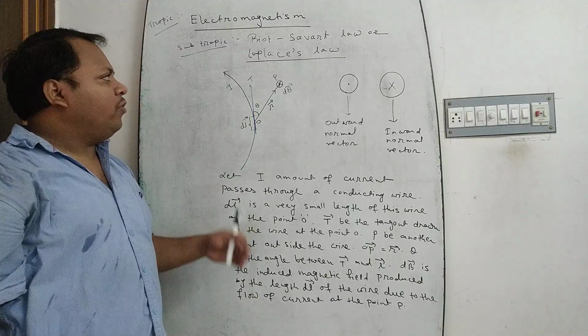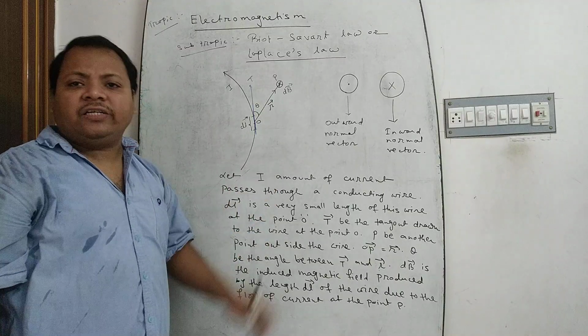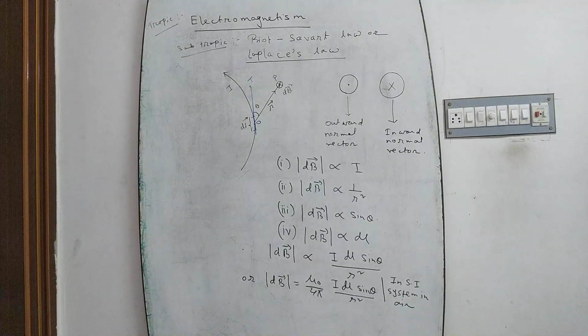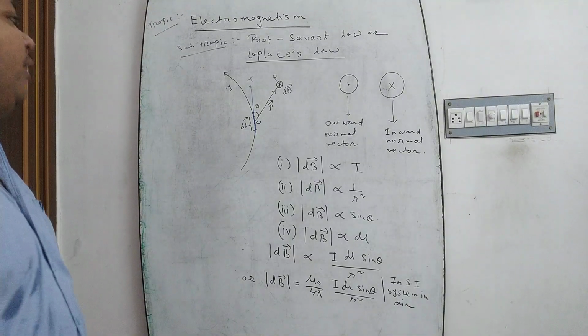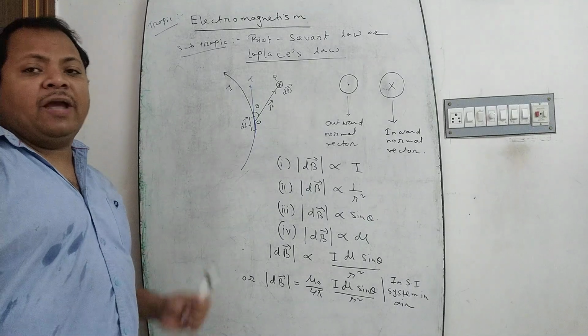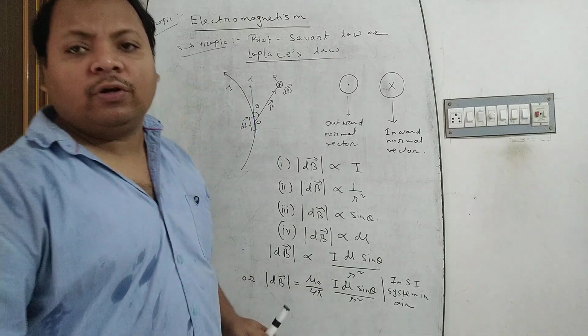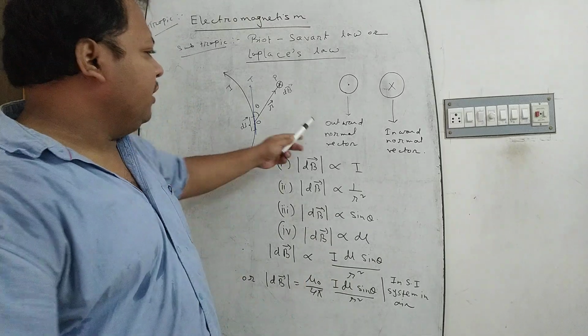Now, from the Biot-Savart law we can write: you know that when the magnitude of current increases, then the magnitude of the induced magnetic field also increases.